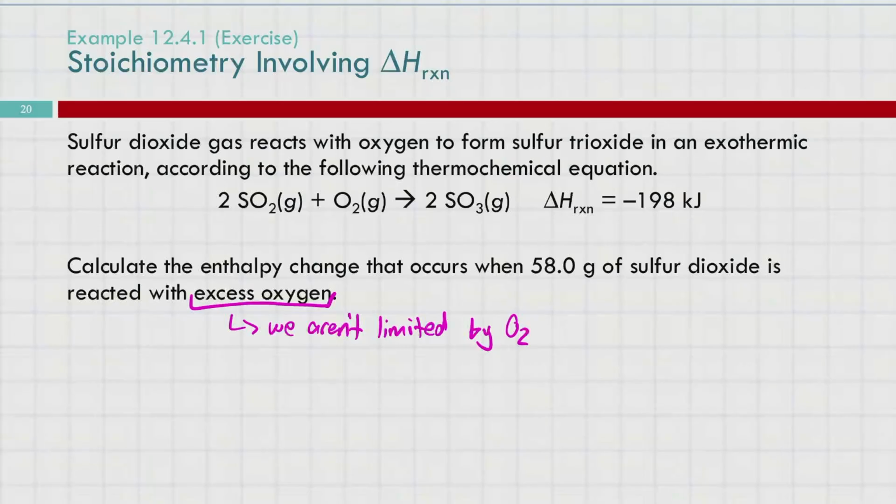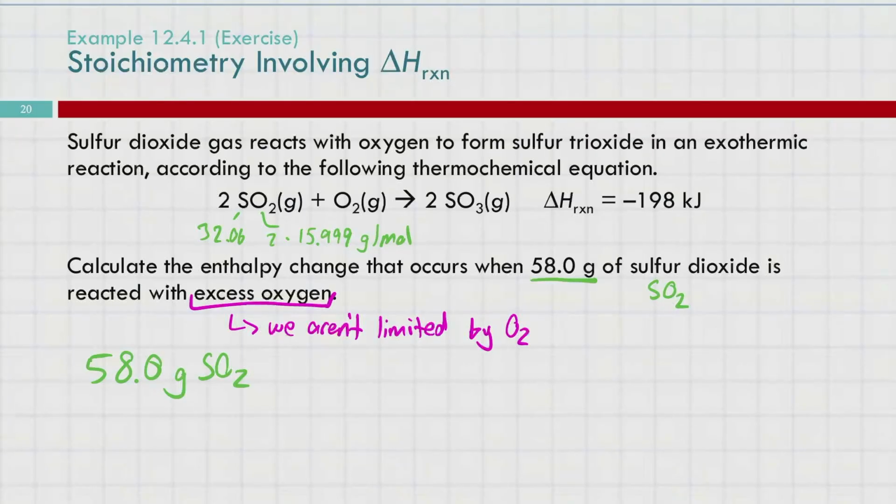All right, coming back from the pause, we are starting with 58.0 grams of sulfur dioxide, SO2. We'll need to figure out what the molar mass of SO2 is. Sulfur is 32.06. Oxygen, we've got two of them, they're 15.999 each.